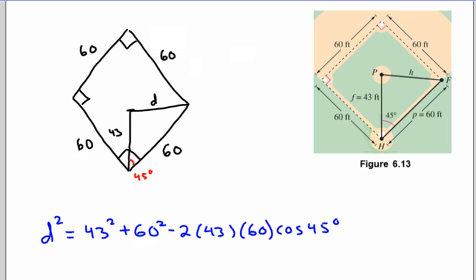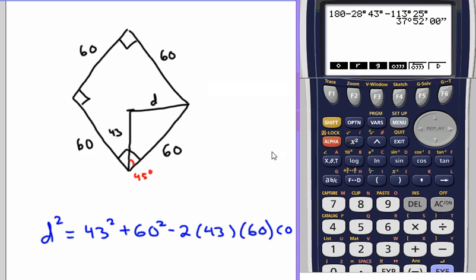All right. So now all we've got to do is plug this into our calculator. To find D, I would take the square root of 43 squared plus 60 squared minus 2 times 43 times 60 times the cosine of 45.